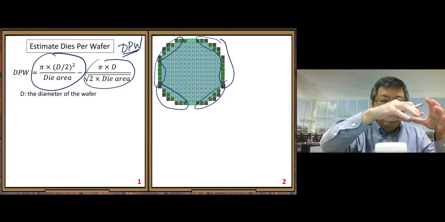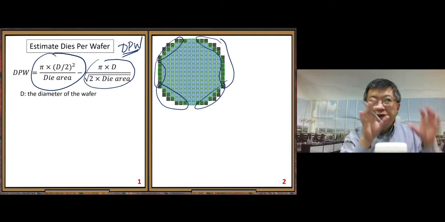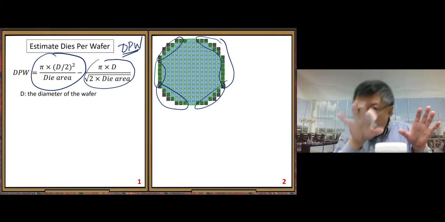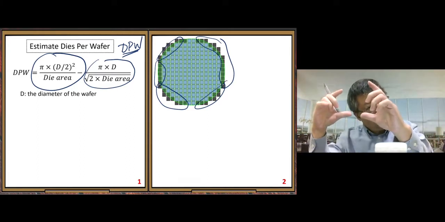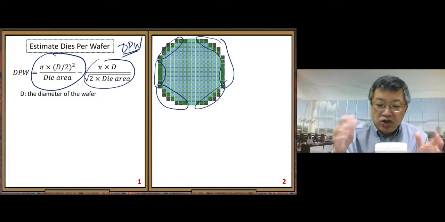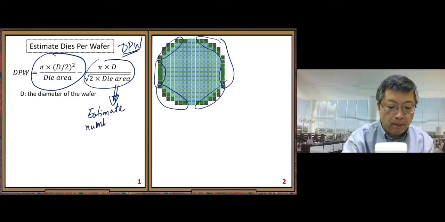That's not very accurate, so we want to make a correction. We subtract another term that estimates the number of edge dies.